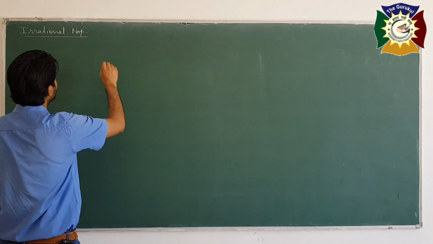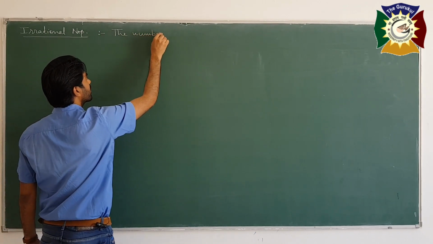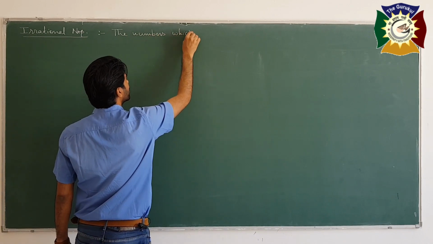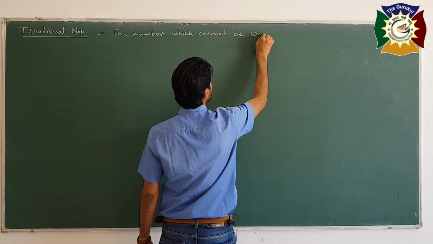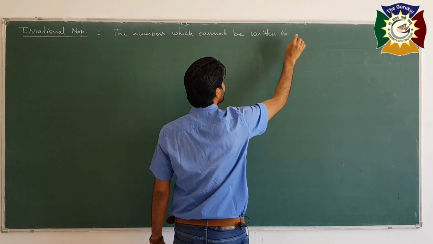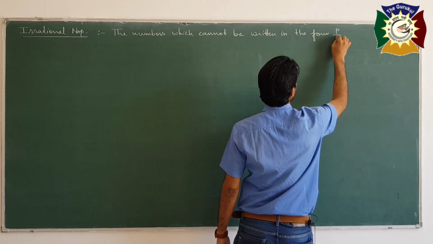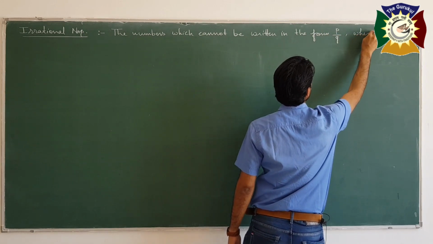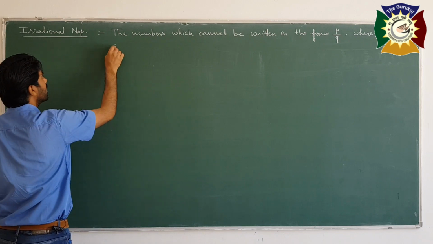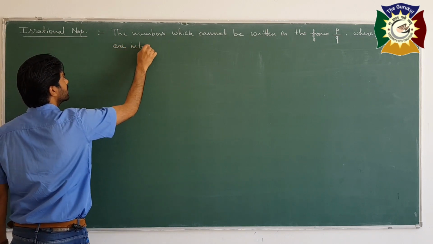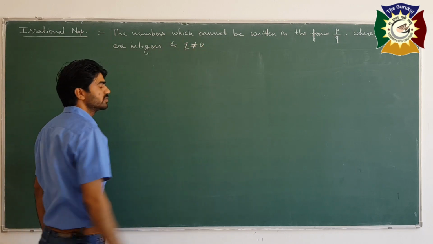The numbers which cannot be written in the form P by Q, where P and Q are integers and Q is not equal to 0.